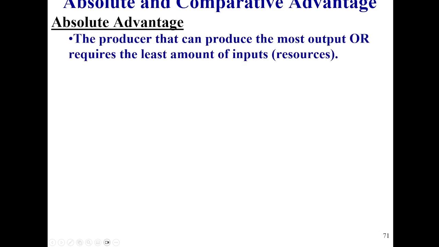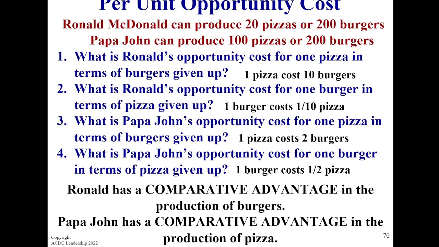So absolute advantage is just the producer who can produce the most output. So if we're going back, Ronald McDonald doesn't have an absolute advantage. They can both produce the same number of burgers. It's just that Papa John can produce more pizzas. So they have a higher absolute advantage, right? But the thing is, we think about it like this.